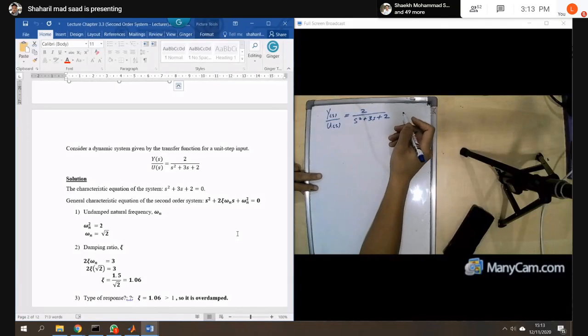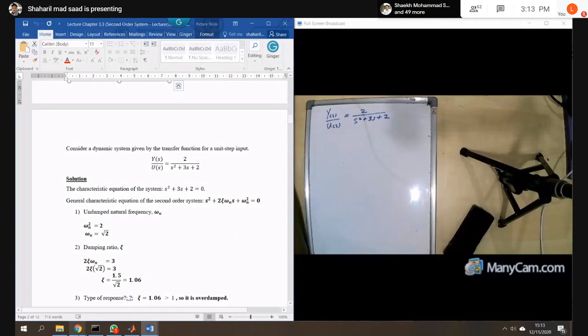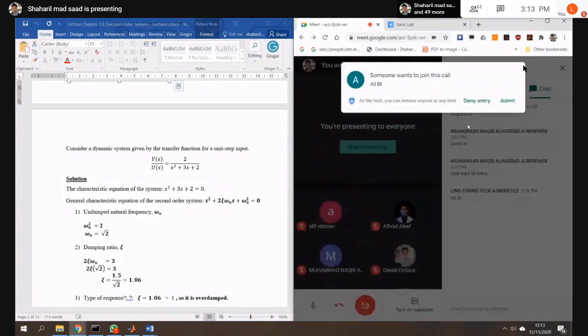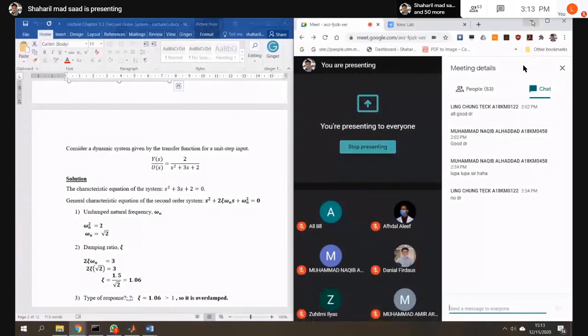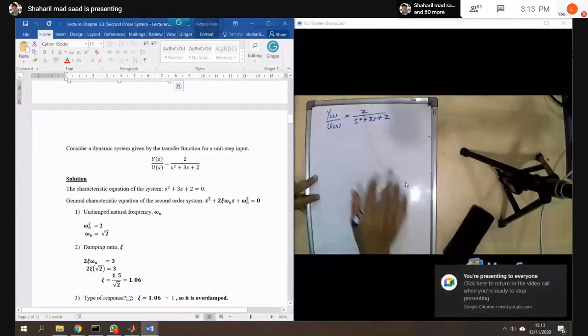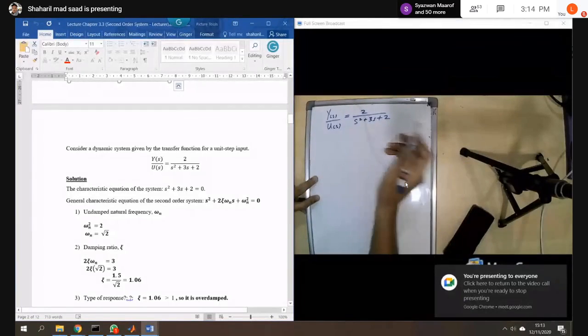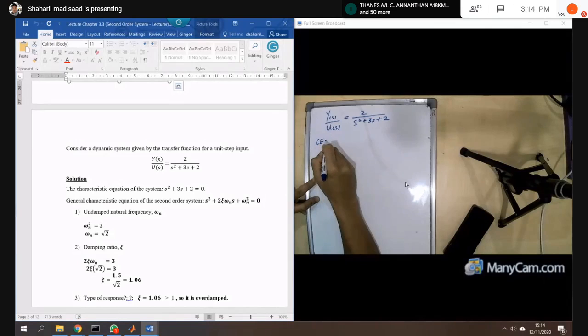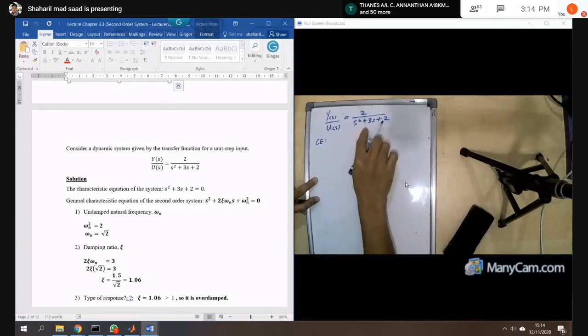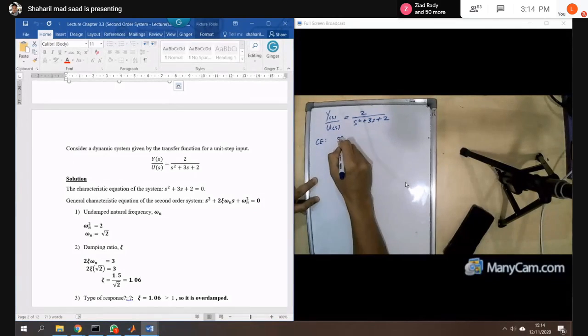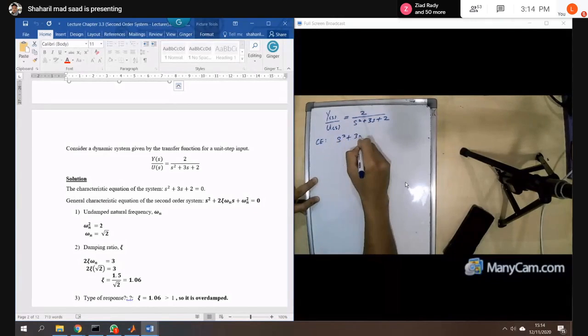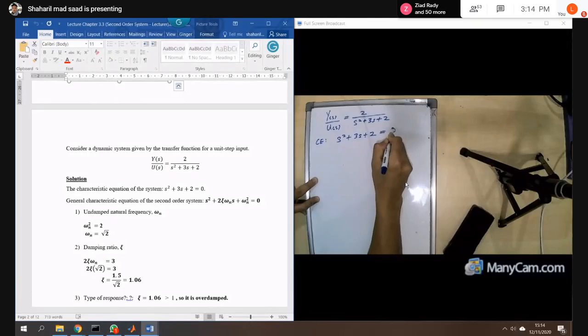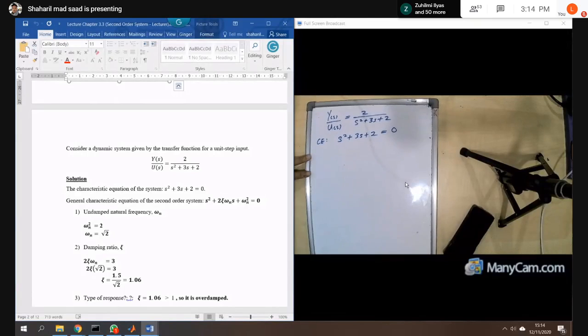This is the characteristic equation. First of all, you need to find the characteristic equation here. So s squared plus 3s plus 2 equals 0. Okay, done. This is the characteristic equation.